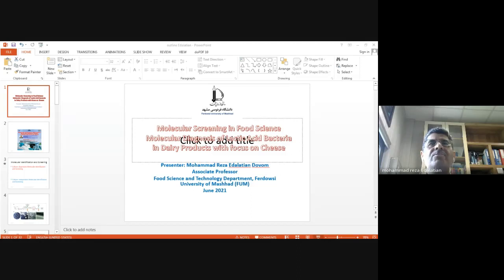We can divide molecular identification into two subcategories, as you can see here. The first is culture-dependent molecular identification and screening, and the second one is culture-independent molecular identification and screening.